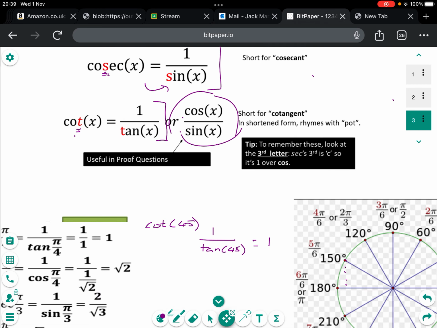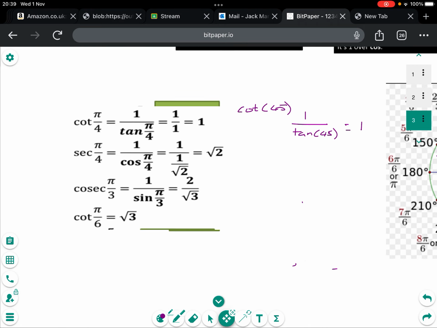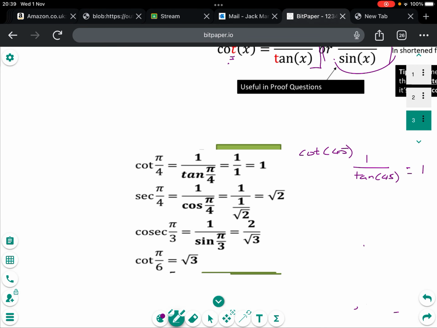So first of all, let's just practice some basics. And I'm just going to talk through some results here. So these are all in radians. Okay, so pi over 4, just a little reminder for you that pi radians is equivalent to 180 degrees. So if we say pi over 4, we are talking about 45 degrees.